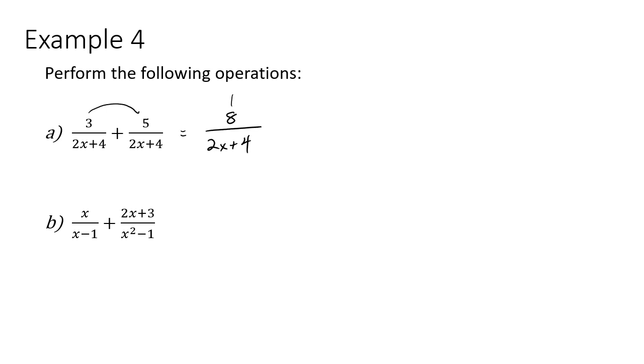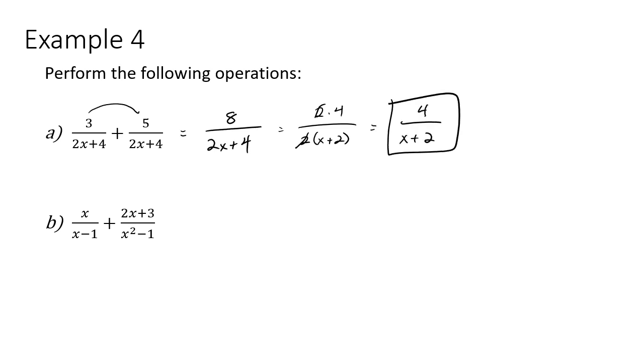That said, you may notice that now all of these terms are even. There's a common factor after we've combined them together. And so we can reduce this further by either factoring out a 2 and reducing, or just dividing everything by 2 if you want to think of it that way. Either way, we are left with 4 over x plus 2.